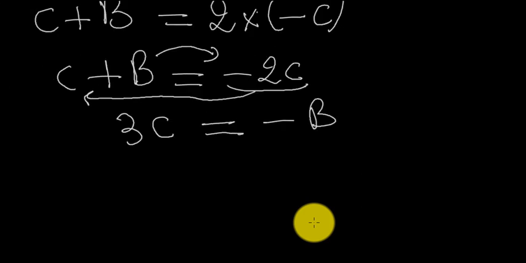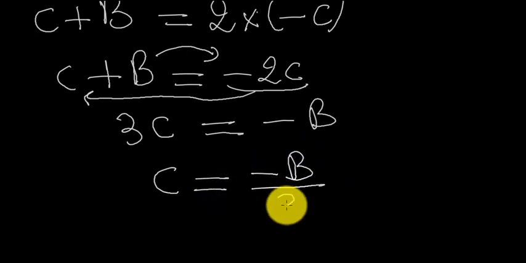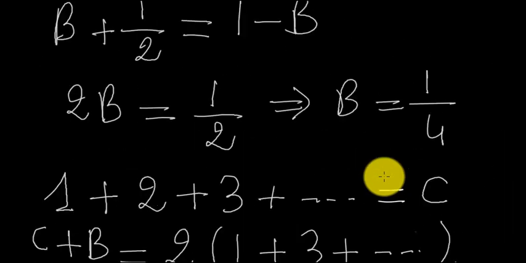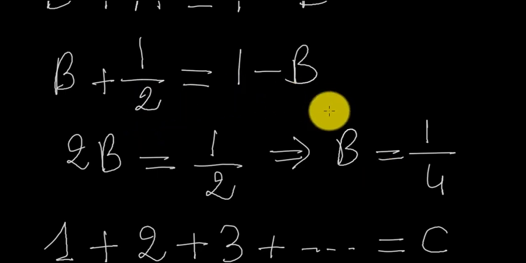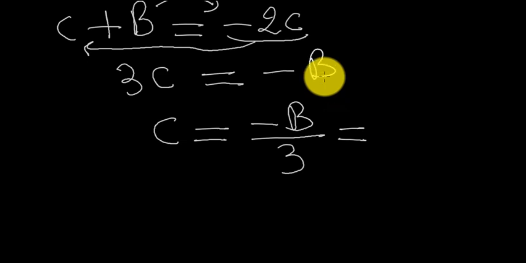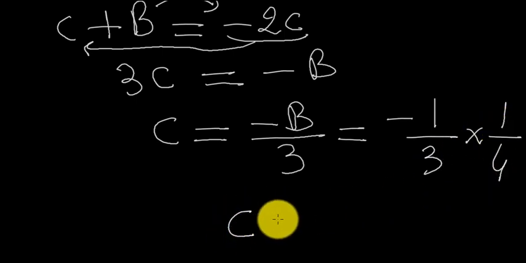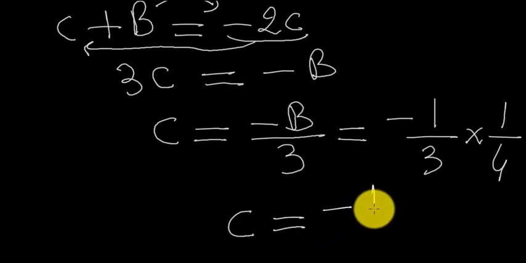And so c is equal to minus b over 3, and because we already found that b is equal to 1 over 4, this c is equal to minus 1 over 3 times 1 over 4, and finally c equals minus 1 over 12.